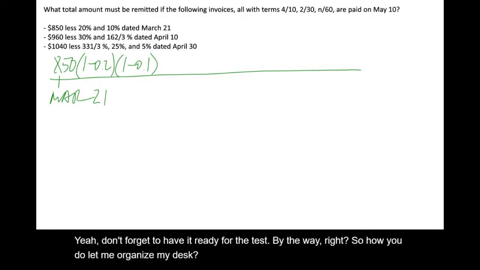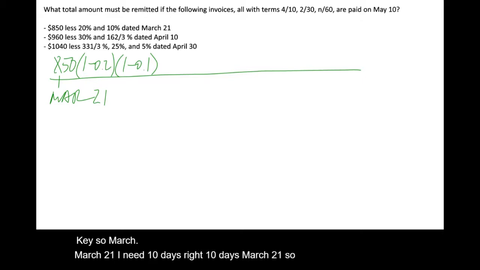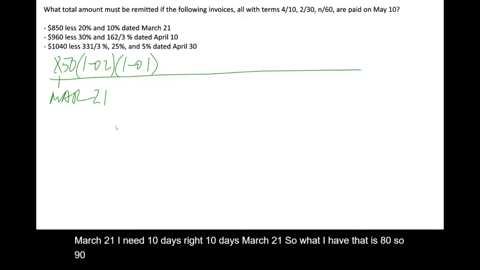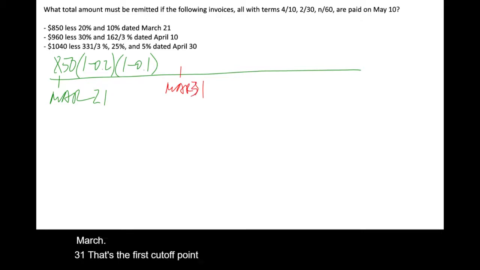Okay, so March 21. I need 10 days, right? 10 days, March 21. So what I have, that is 80, so 90, March 31. So it's a first cutoff, March 31. It's the first cutoff point for 4%, right?